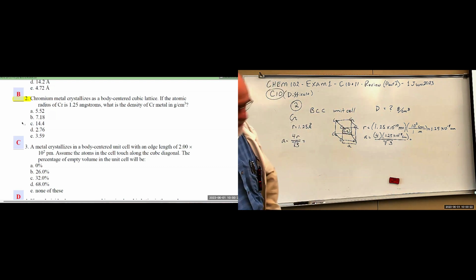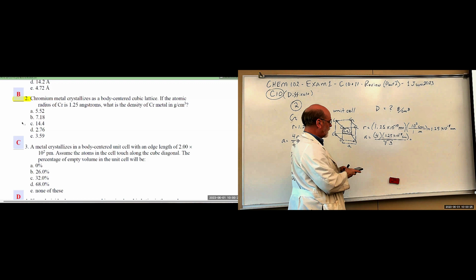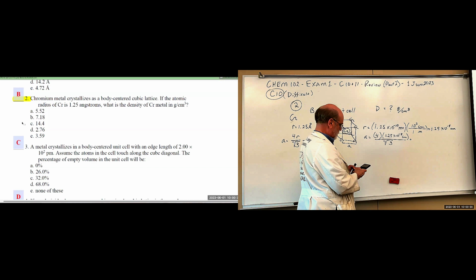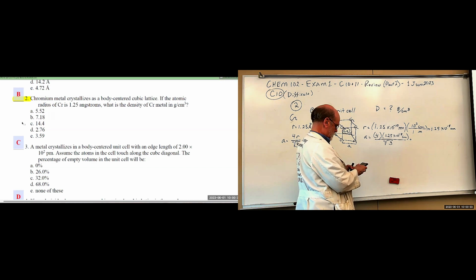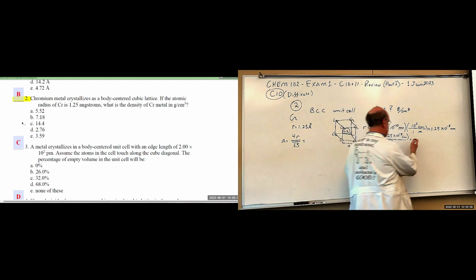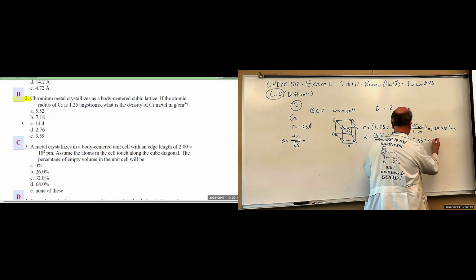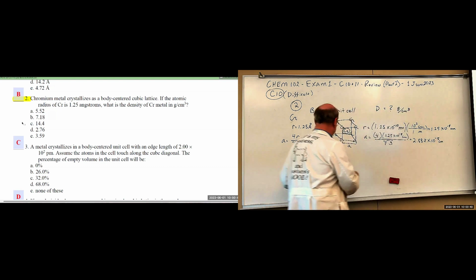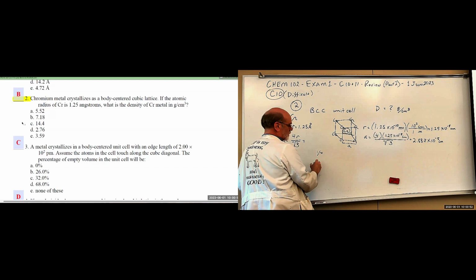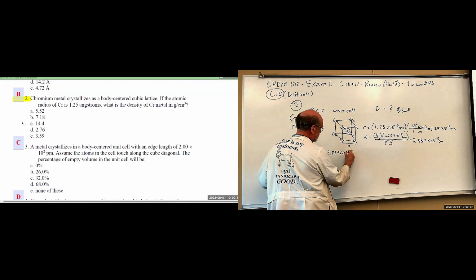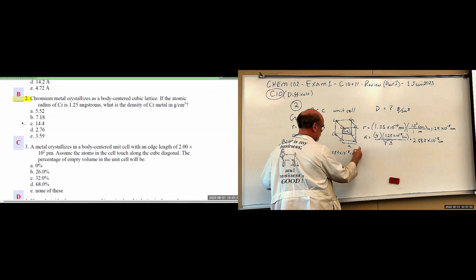Okay, so let's find out what A is. 1.25 exponent minus 8 times 4, and then square root of 3 divided into that. We have 2.887 times 10 to the minus 8 centimeters. That's equal to A. And so the volume is going to be equal to 2.887 times 10 to the minus 8 centimeters cubed.